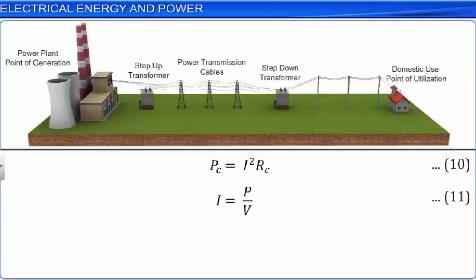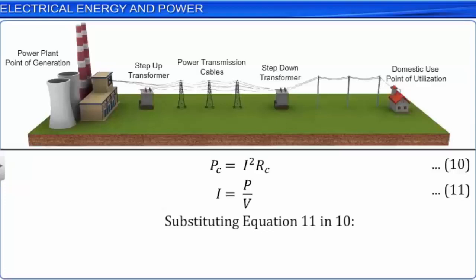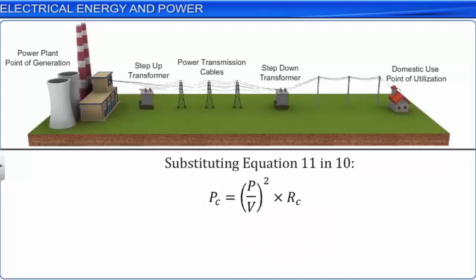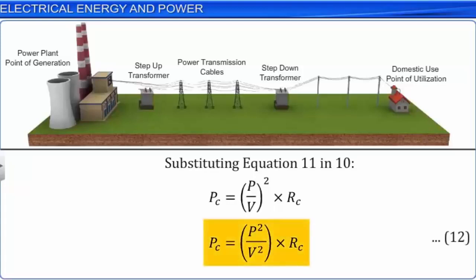Substituting equation 11 in 10, we get PC is equal to P by V whole square into RC. That is, PC is equal to P square by V square into RC. Let this be equation 12. This equation helps calculate the power loss PC due to the resistance RC in the transmission cable.